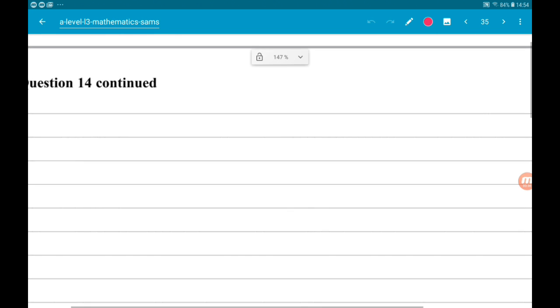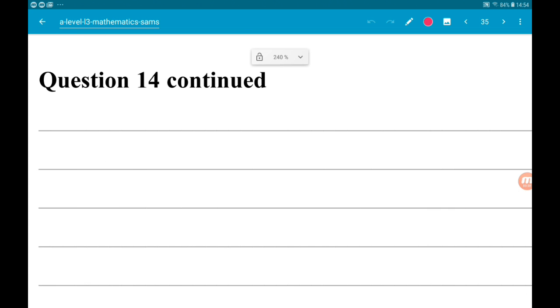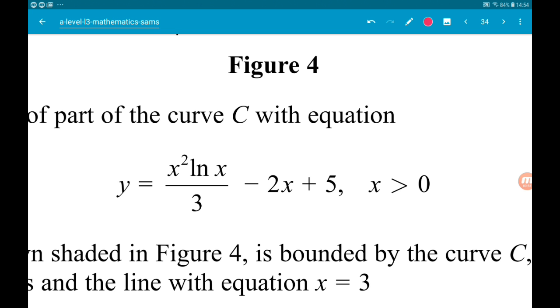So we should start by writing the area is the integral between 1 and 3 of x squared log x over 3 minus 2x add 5.